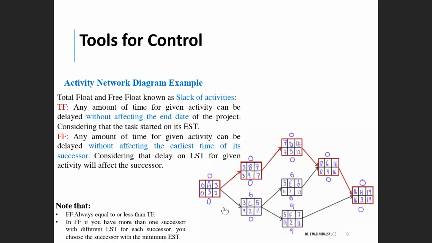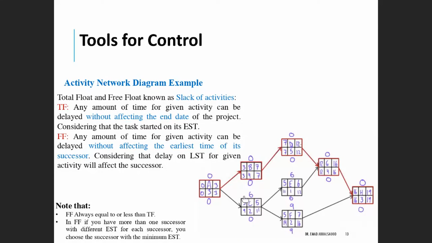So a change in the activity finish time, or the processing time, if it exceeds the time we calculated from the free float, will affect the early start time for the F. And then we have to consider if the F has enough time to complete the task without affecting the end of the project or not. And that will tell us from the beginning.